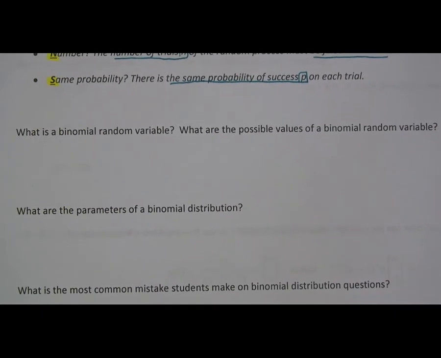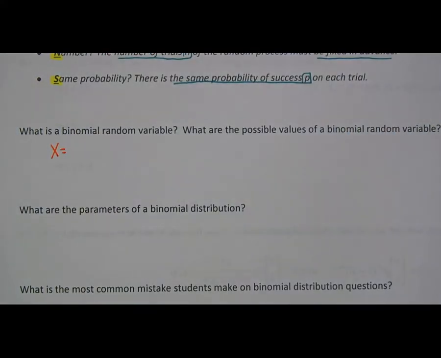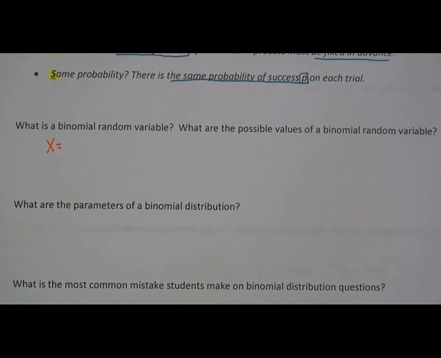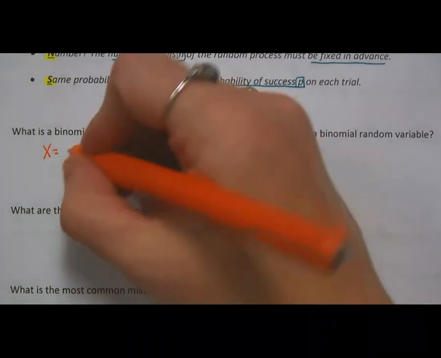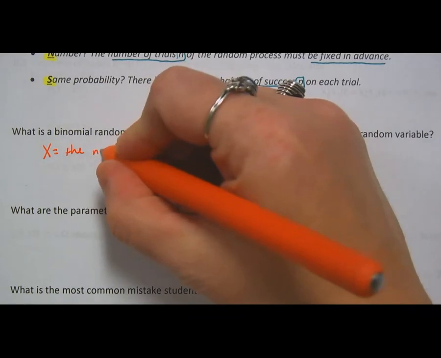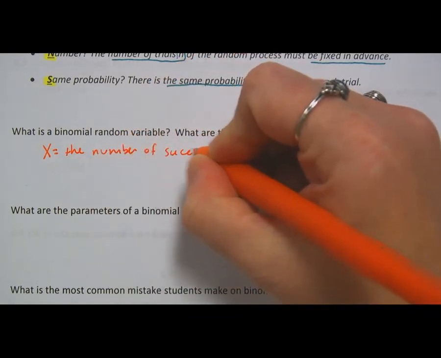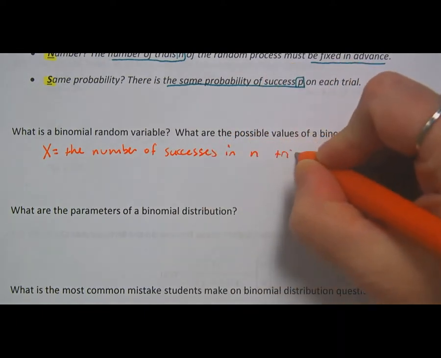What is a binomial random variable? Well, capital letter X. We've talked about discrete random variables. We've talked about continuous random variables. A binomial random variable is the number of successes in n trials.